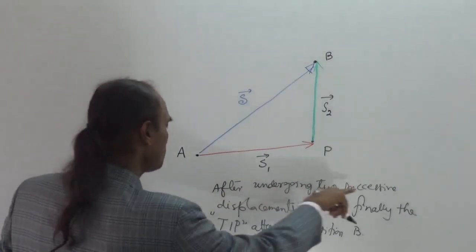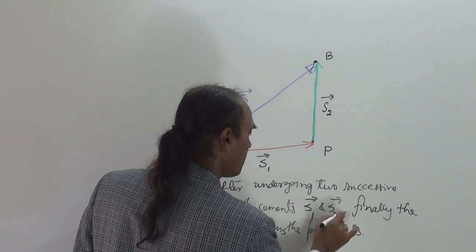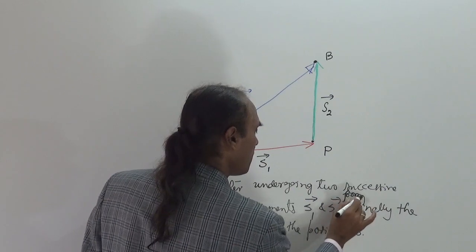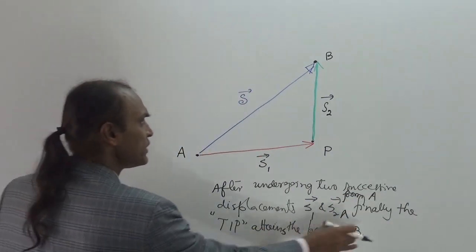After undergoing two successive displacements S1 and S2 from A, finally the tip attains the position B.